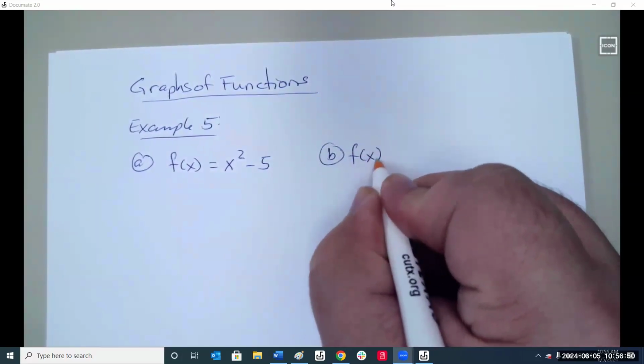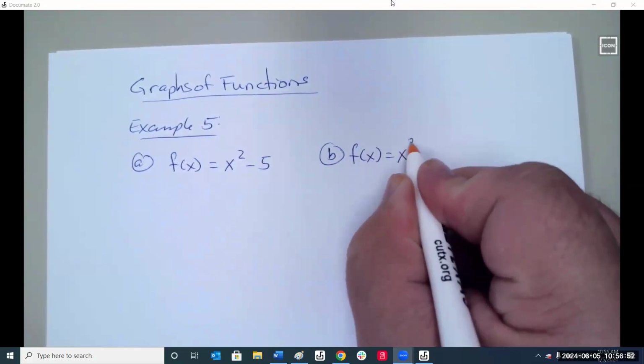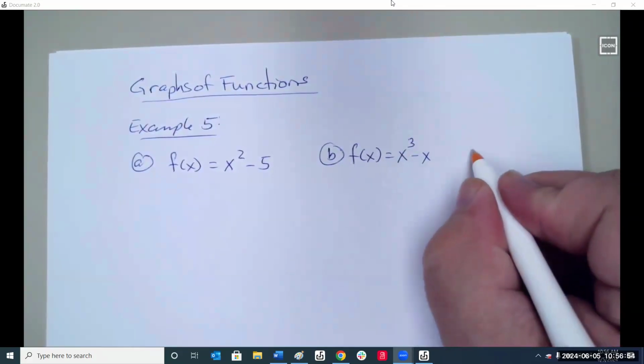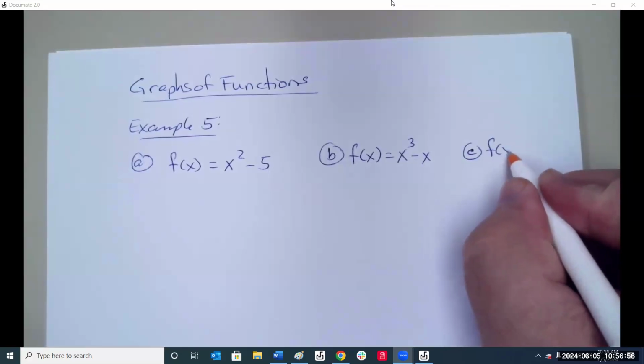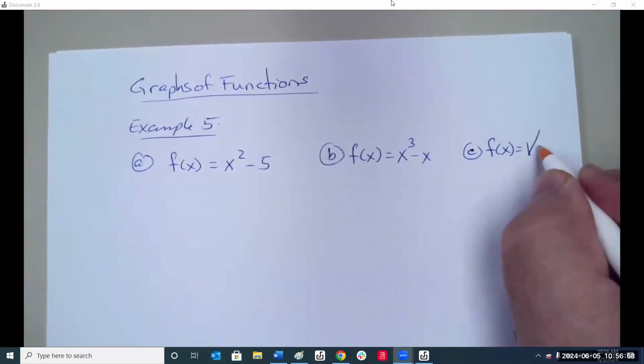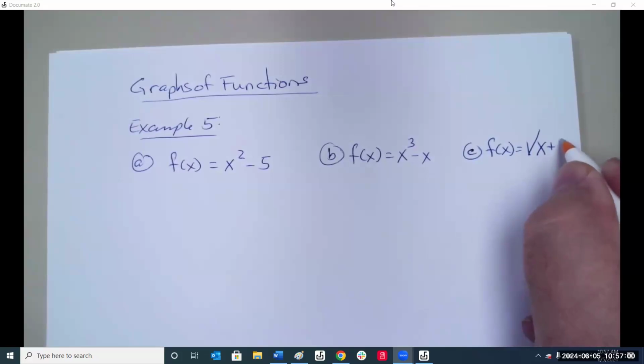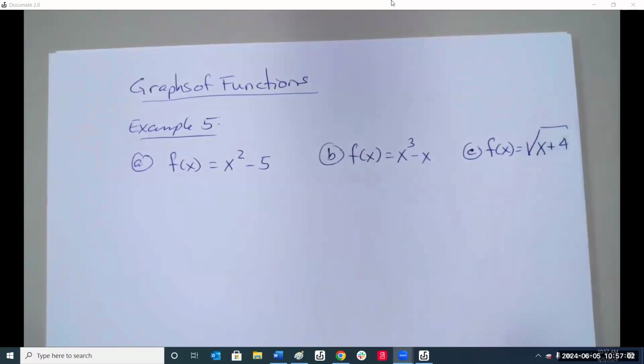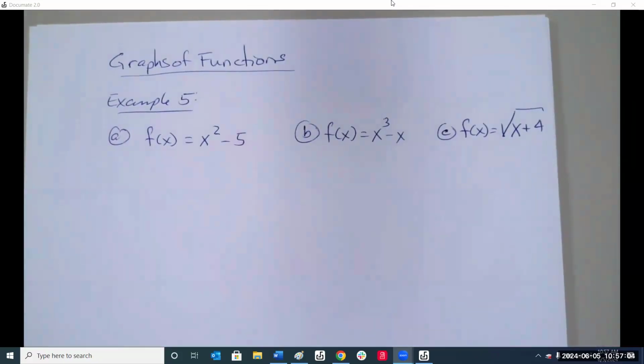F of x equals x cubed minus x. F of x equals square root of x plus 4. These graphs will make more sense once we talk about these functions. Because the only way you can graph these now is by plugging numbers into the equation.